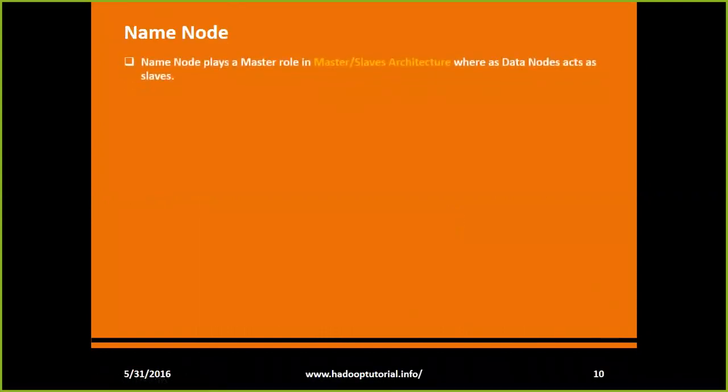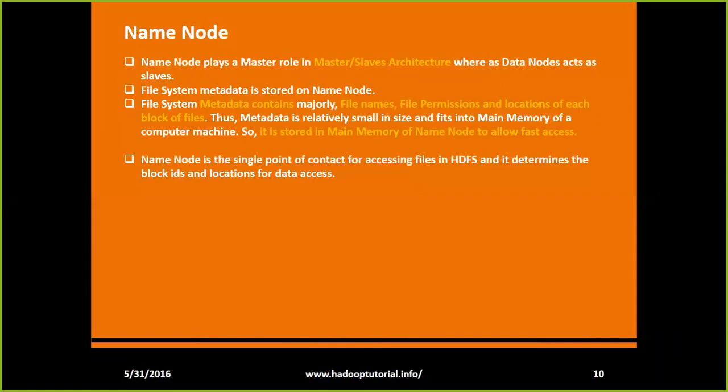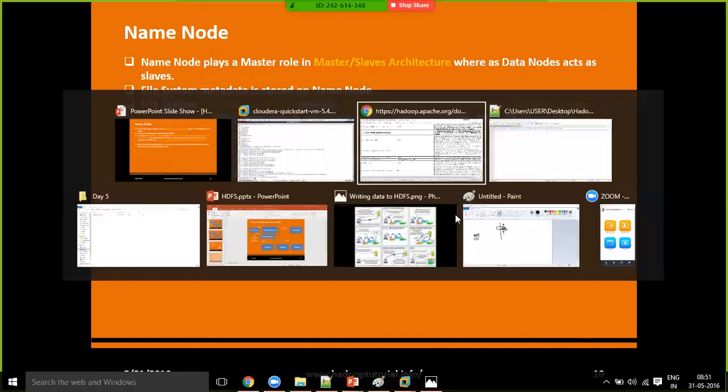Next, name node responsibilities. You have seen it is storing the metadata about your file system. So file system metadata is stored on the name node. File system metadata means the list of all the files on your HDFS and their file permissions.